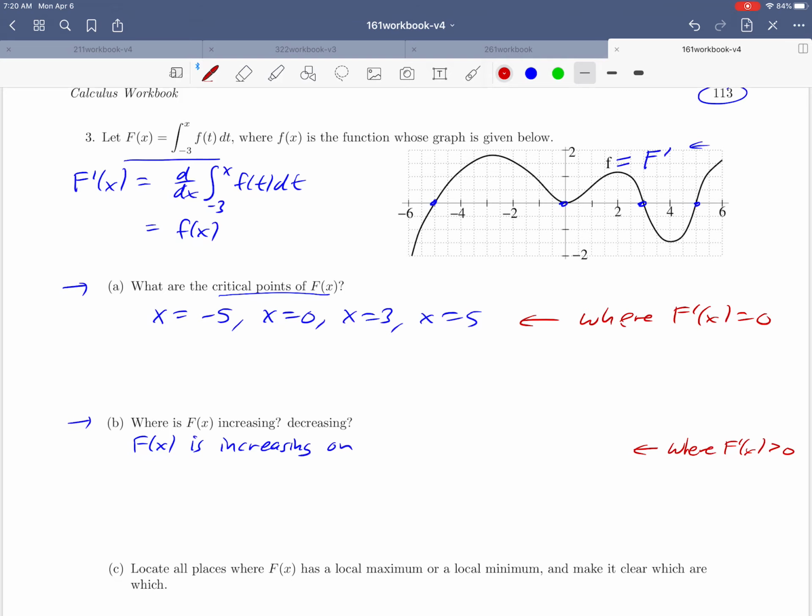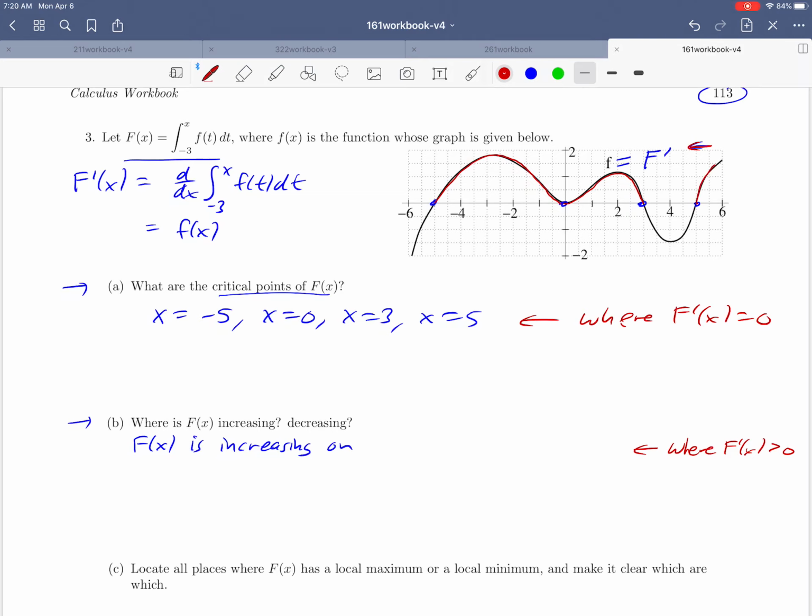Okay, so up above here we have a graph of the derivative. We're simply asking, where is that graph positive? Okay, so I see one interval from here to here where it looks like we're above the x-axis. That's about from -5 to 0, so that should be one of our answers. And then we're above again from 0 to 3. That's another interval where our original function should be increasing.